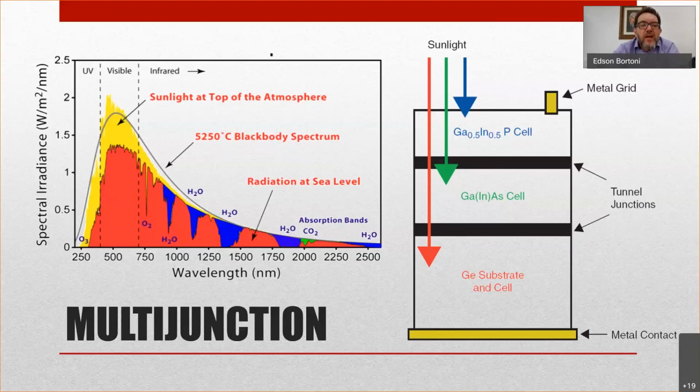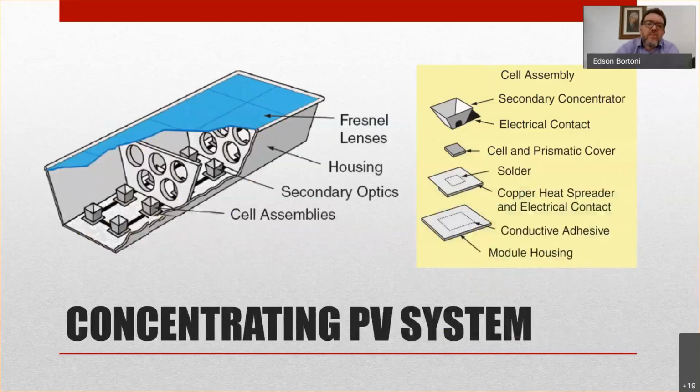This area, this area, and this area, for example. So you can take profit from the light of the sun in several wavelengths instead of only one. Here is concentrating photovoltaics. You have a Fresnel lens here that concentrates solar radiation to a single point.